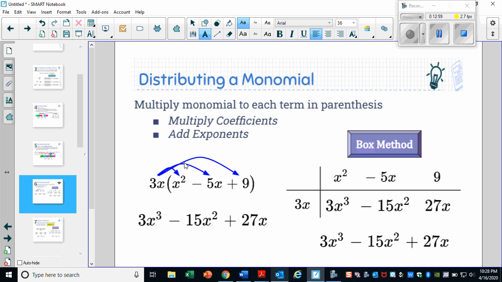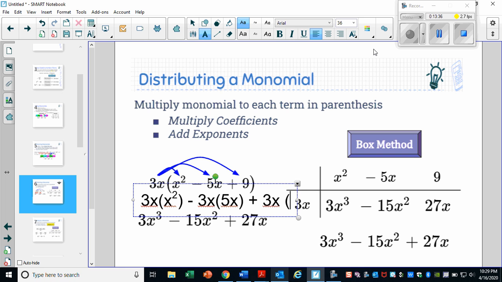So now what we do is we're going to multiply. So the step here is 3x times x squared minus 3x times 5x, and then plus 3x times 9.